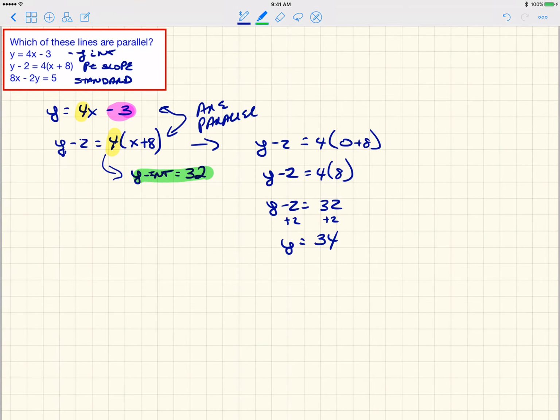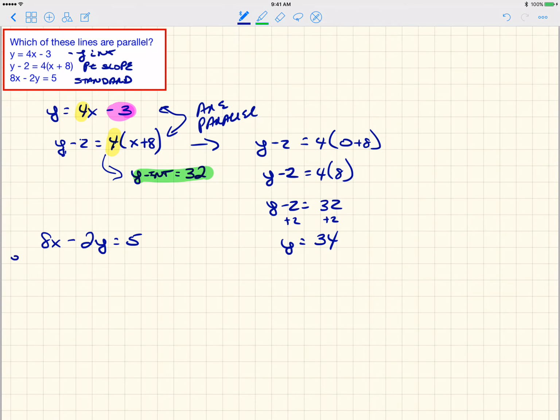Let's figure out now if our equation of the line that is in standard form is parallel to the other two lines. So we have this description of a line, which is 8x minus 2y equals 5. We have a literal equation. The easiest thing to do, I think, is to solve for y, get the equation of the line in y-intercept form.